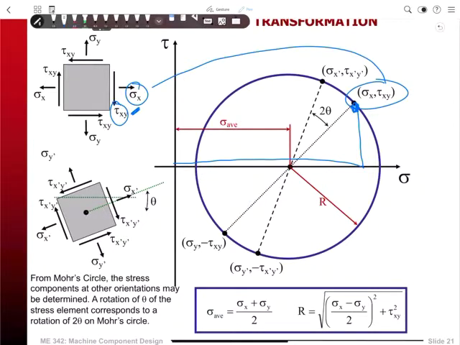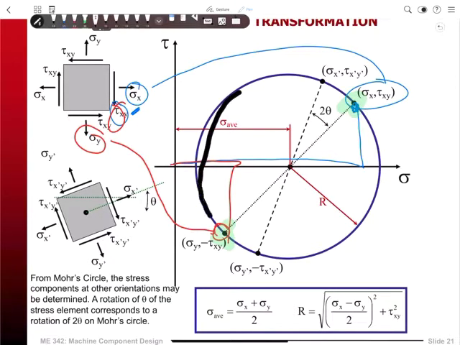And then from our other normal stress, we take this normal stress and that shear stress again, and then we go over and down. So this point goes to here, like that. And then we plot these two points, and then from that, I simply draw in my circle. Okay? And so that gives me Mohr's circle.